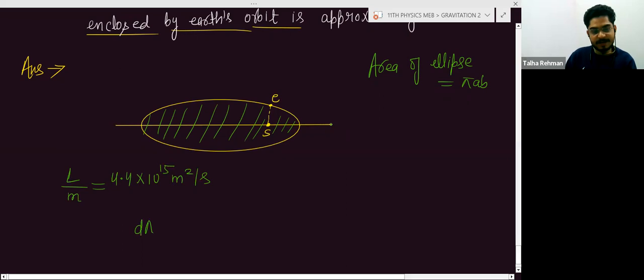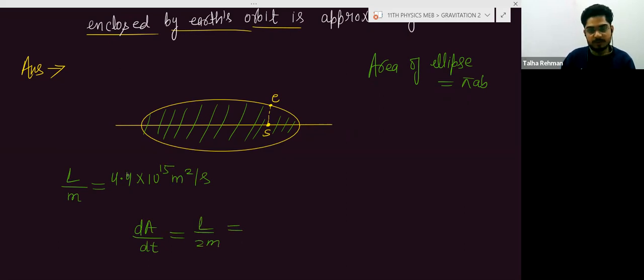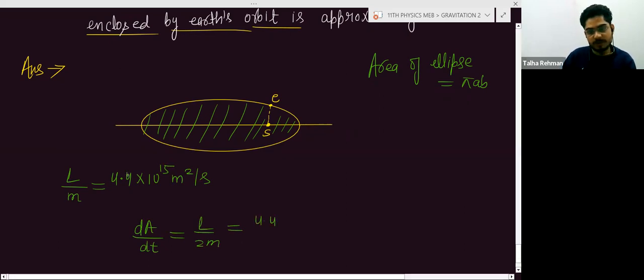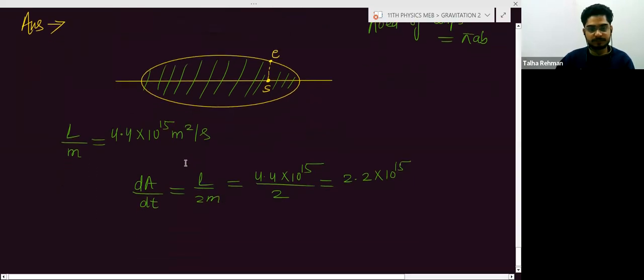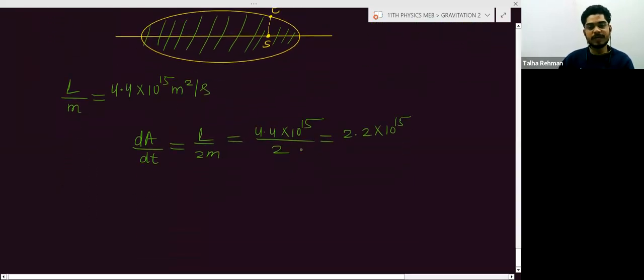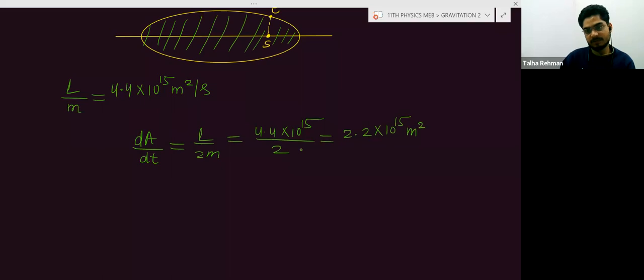We know that dA by dt is equal to L divided by 2m. So from here L by m value we can put. So it will be 4.4 into 10 to the power 15 divided by 2. So we will get 2.2 into 10 to the power 15. Okay. And this value will be again in meter square per second.